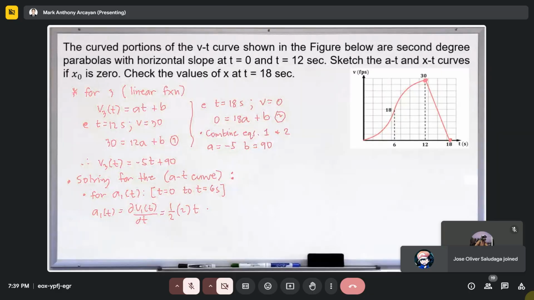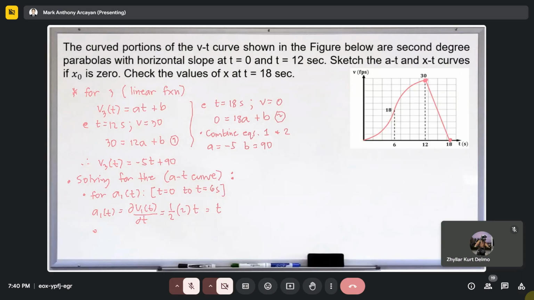Now that's the first derivative, or simply equal to t. This would be our a sub 1 function, t. Now, in order for us to graph the acceleration, we need to evaluate the values at t is equal to 0 and at t is equal to 6.